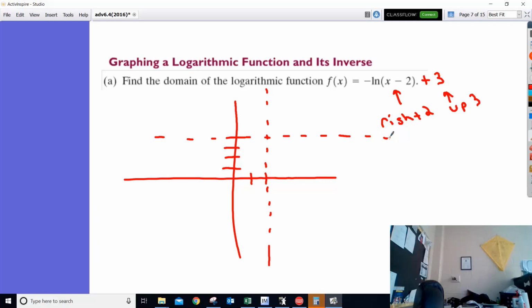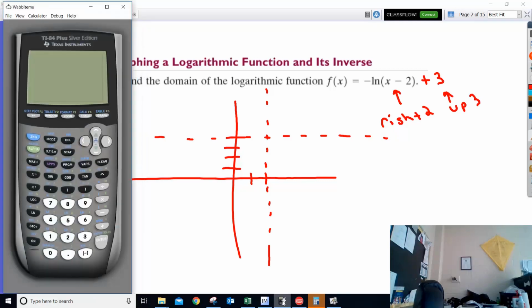Error. Okay? So that dashed line is a pretty big deal on this, because I cannot draw anything at all to the left. Alright? I need you to understand that. This thing represents something. Now, I'm not going to walk you through doing this by hand. The truth is, you're not going to anyways.